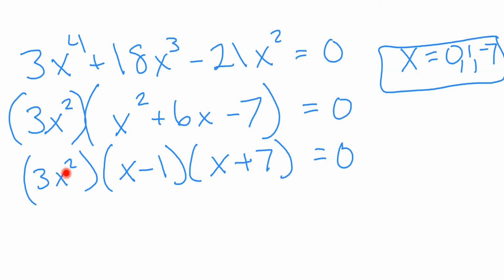Okay. All right, so that is solving these other higher degree equations that are not necessarily quadratics, but we can use a lot of our quadratic techniques, and we're definitely going to use factoring.